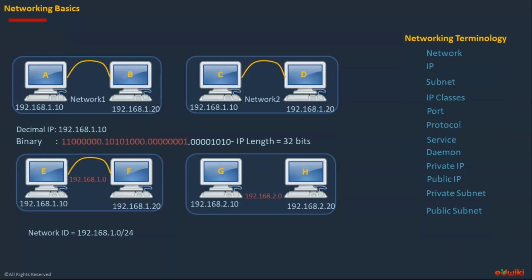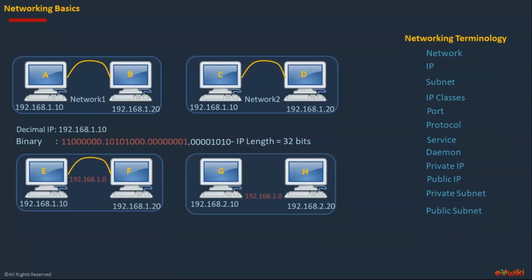So being said that, whenever you have multiple servers with you, let's say in this case I have a total of 4 servers, what is very important in this scenario? The important thing is how do I understand whether the given two servers belong to the same network or not? That is the most important part.